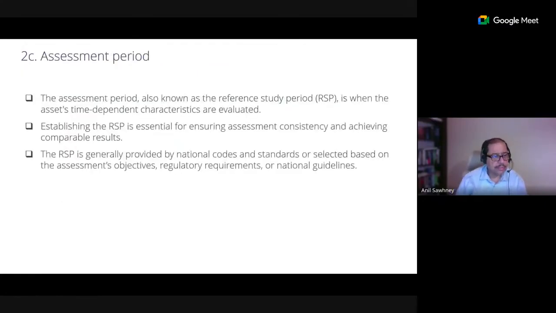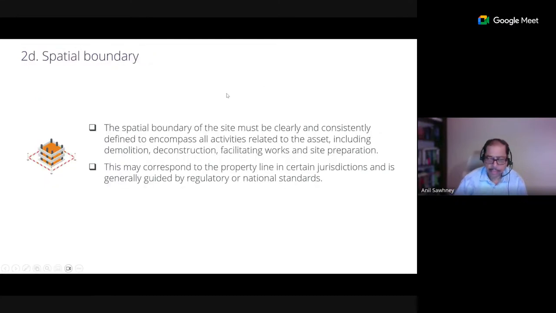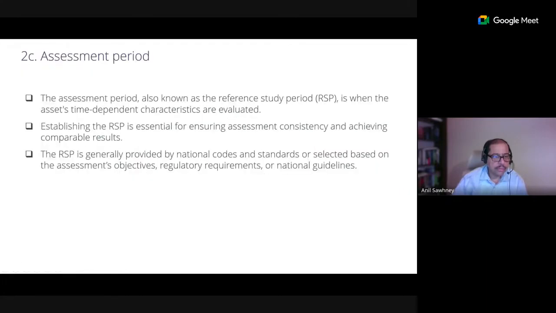Next comes the assessment period. It's also called the RSP, reference study period. So you basically are looking at RSP, which is very crucial because remember, we are doing an estimate into the future. So in order to compare between buildings, between options, you should be using the reference study period.